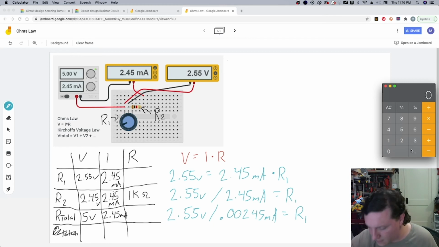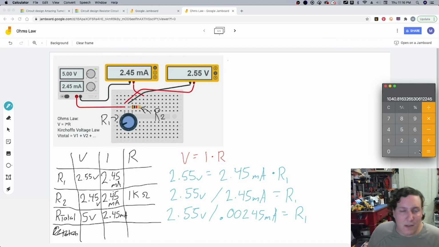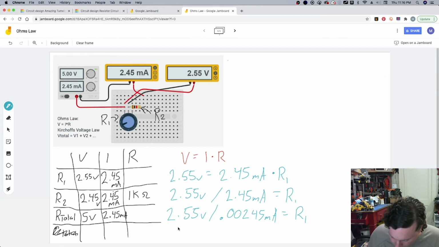At which point we can break out our calculator and basically say 2.55 divided by 0.00245 equals, and that tells us, in theory, that resistor 1, let's see, I've got to make sure I'm drawing this right, should equal 1040 ohms.